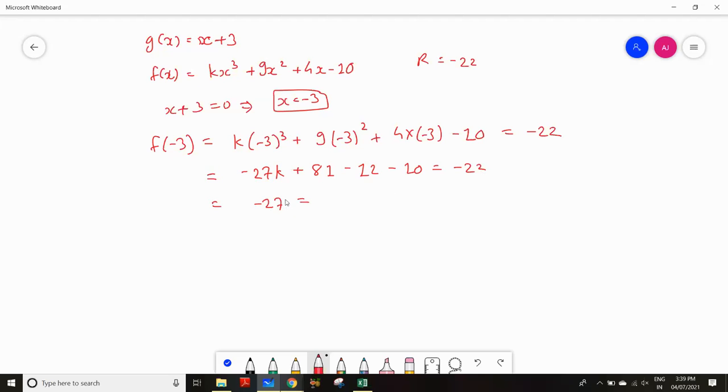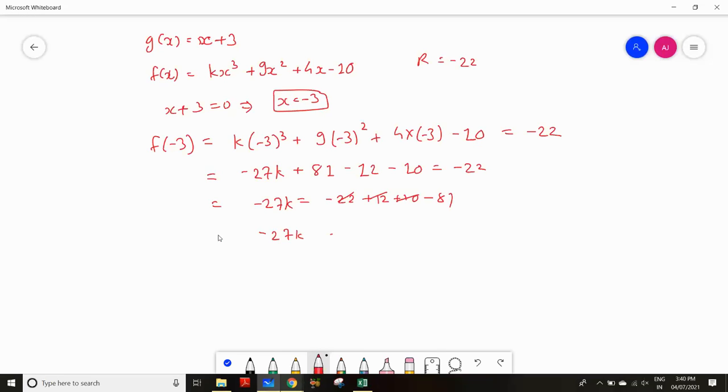It will become 27k equal to minus 22 plus 12 plus 10 minus 81. So 12 plus 10 is 22, so it will get cancelled. So it will become minus 27k equal to minus 81. So k will become minus 81 by minus 27. So you will get k equal to 3.